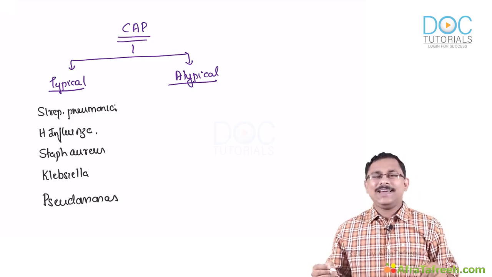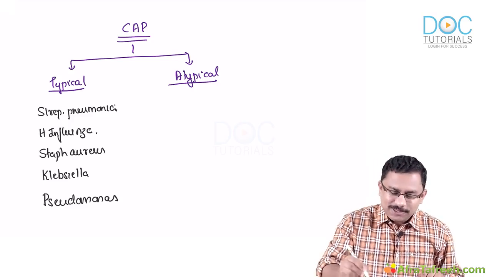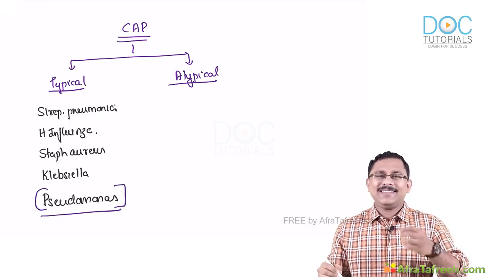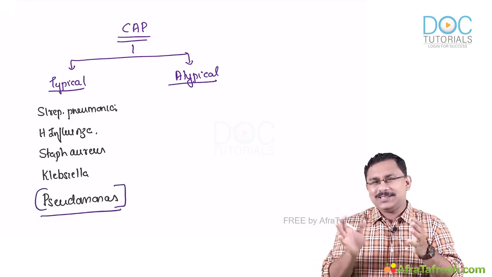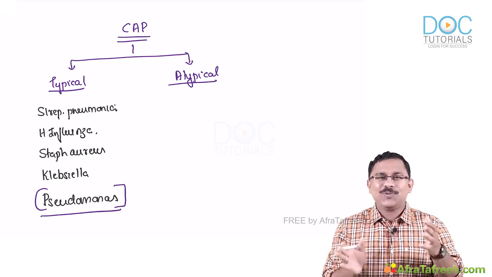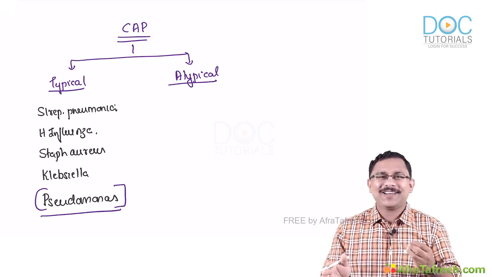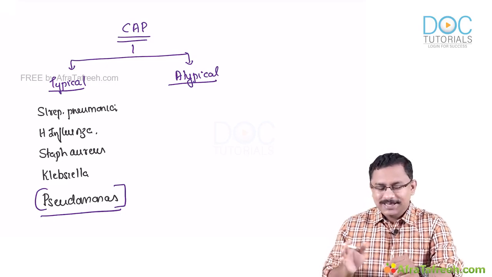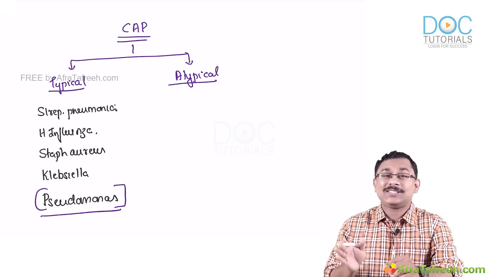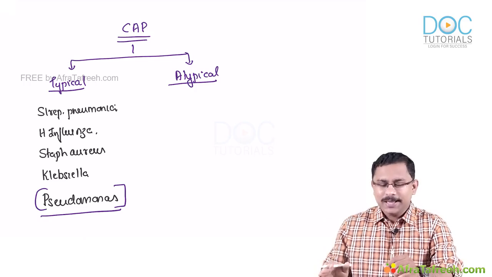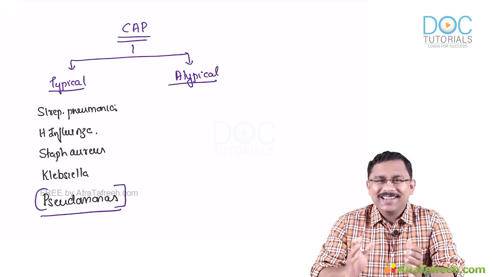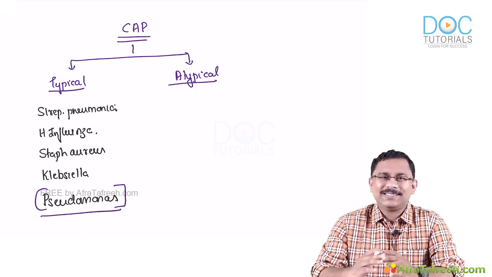So remember, Pseudomonas also can produce pneumonia, and since Pseudomonas is not a soft organism, it is likely to produce severe manifestations. So these are the organisms that can cause a typical pneumonia.